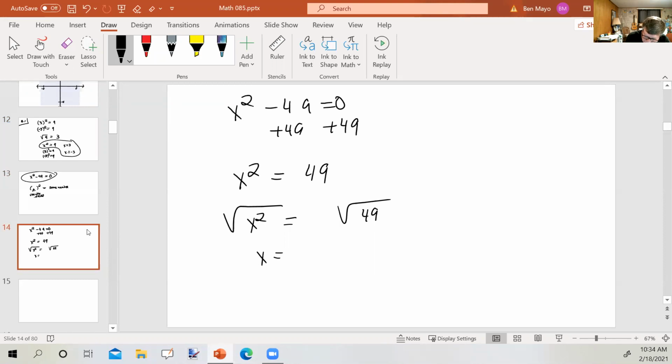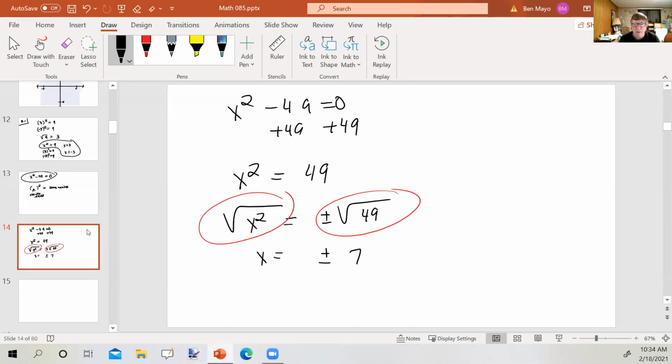The square root of 49 is 7, but as we talked about in a previous example, it could also be -7. So at this stage, where we take the square root of both sides of the equation, we put a plus or minus in front of the square root of 49, which means that our answers are going to be x equals ±7.